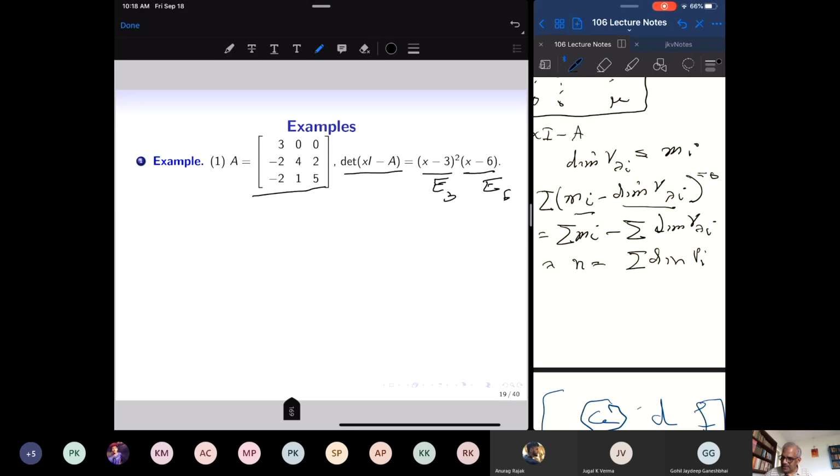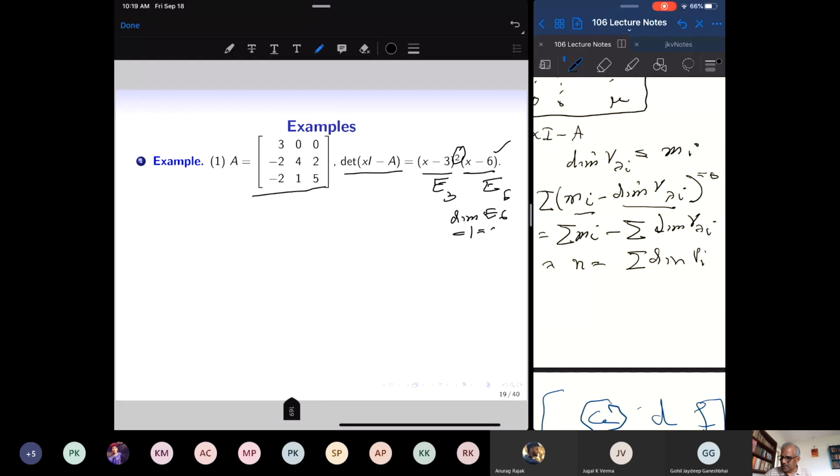To check whether the matrix is diagonalizable, I have to see that the dimension of E3 is 2 and the dimension of E6 is 1, because 1 is the algebraic multiplicity. The dimension of E6, we know, is at least 1, and it can't exceed the algebraic multiplicity, which is 1, and therefore the dimension of E6 is precisely equal to 1.